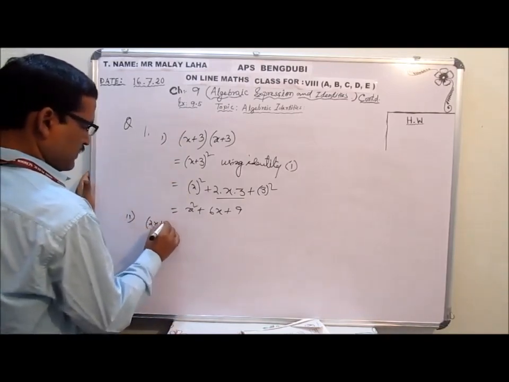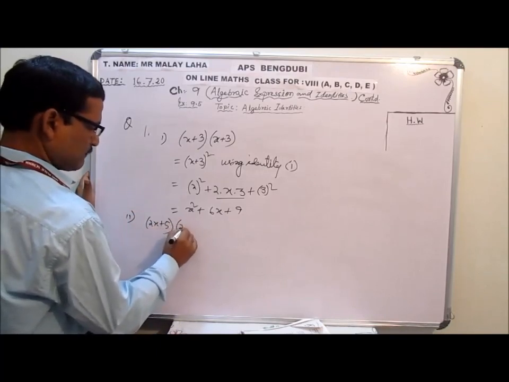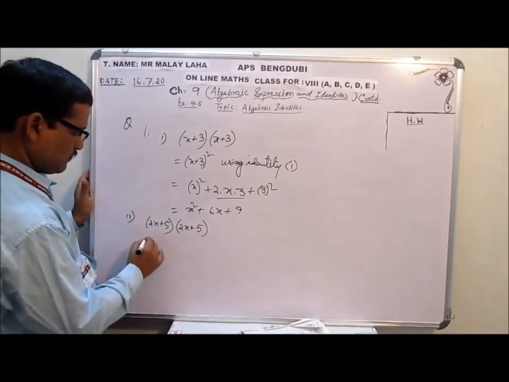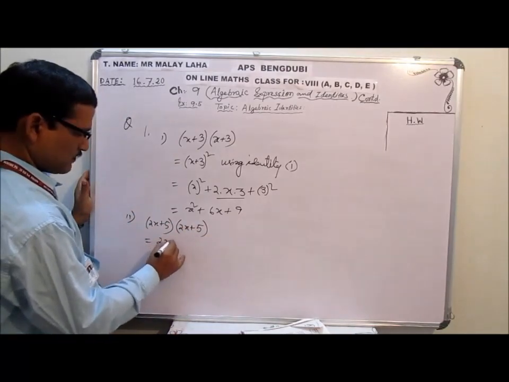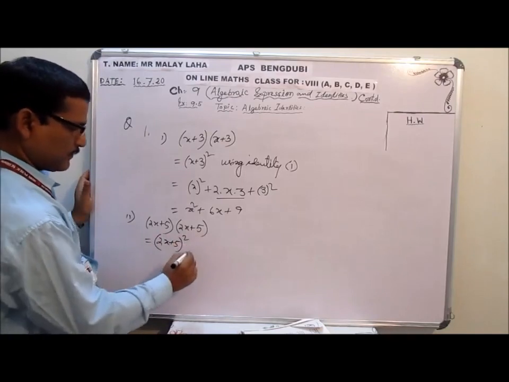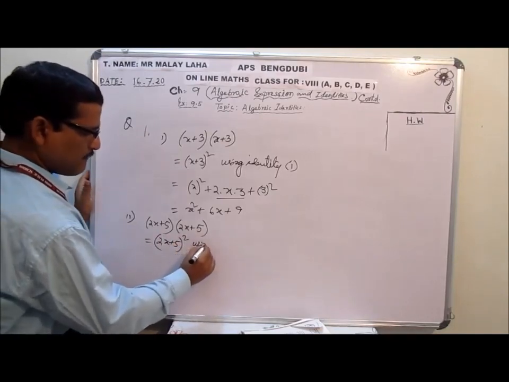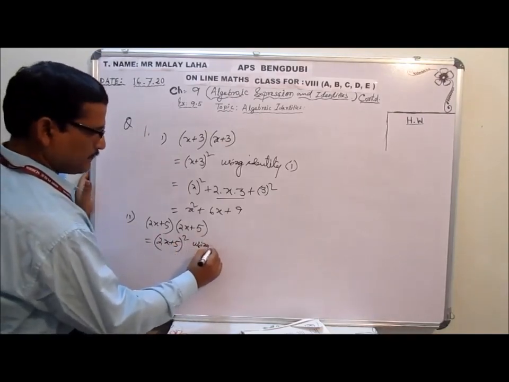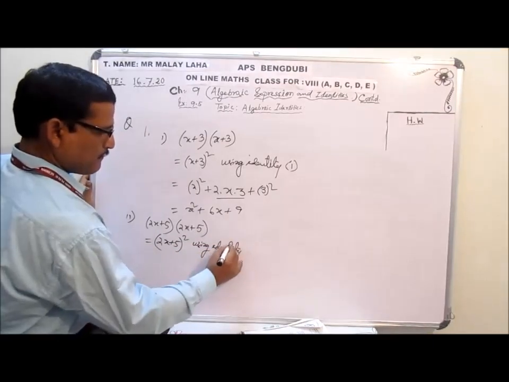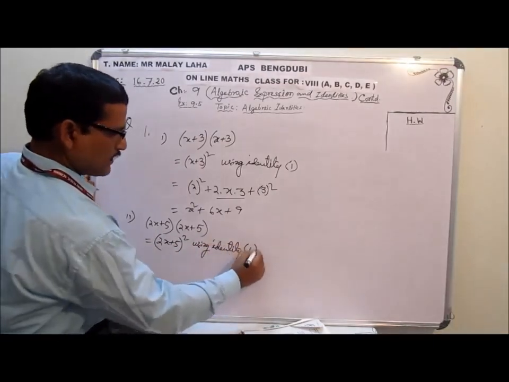2x plus 5 into 2x plus 5. Okay? So what we will do? (2x plus 5) whole square, using identity 1.